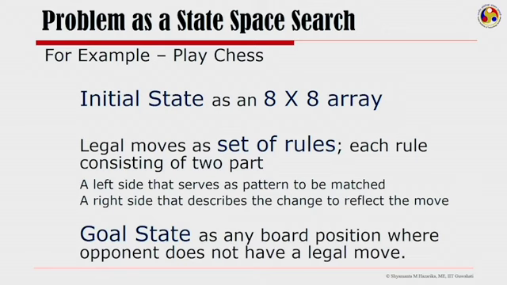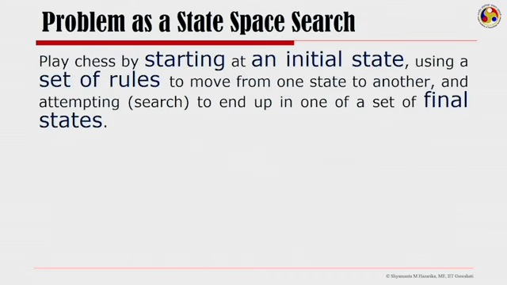A goal state could be any board position where the opponent does not have any more legal move, and therefore it's a win. When we start playing chess at an initial state, using a set of rules to move from one state to another, we end up in one of the set of final states.